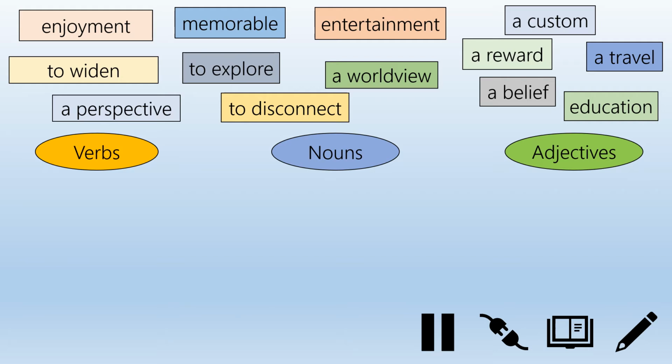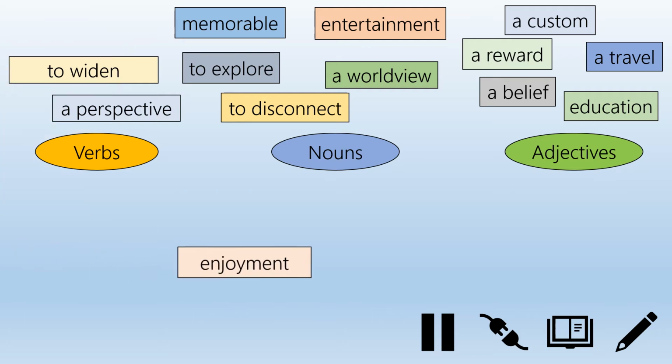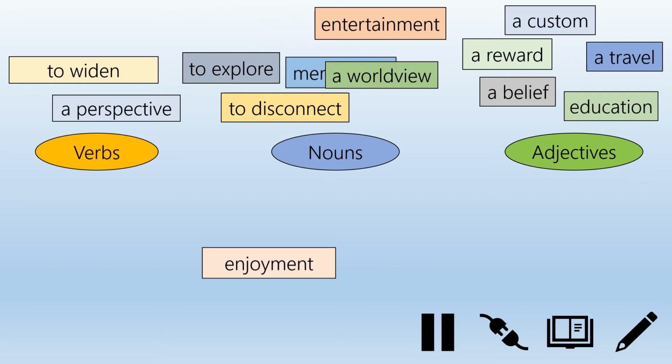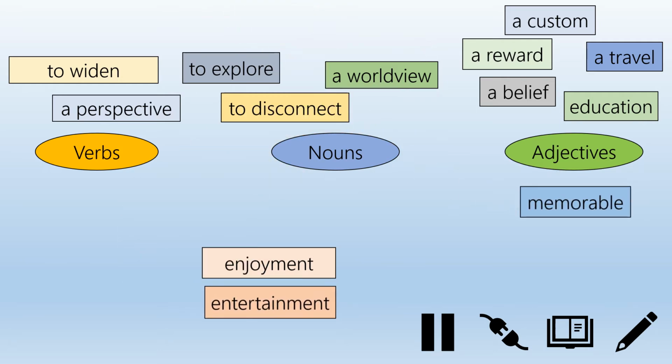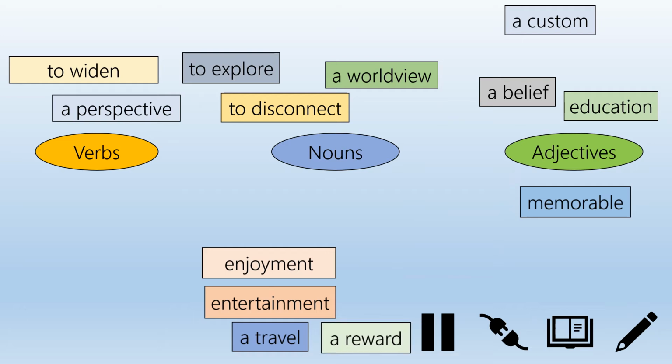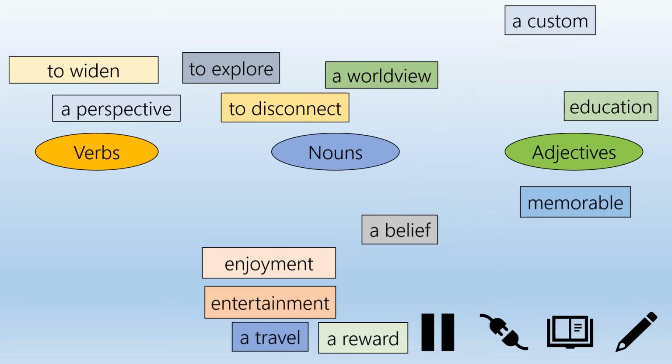Let's check where they belong to. Enjoyment is a noun. Memorable is an adjective. Entertainment is a noun. Travel is another noun. A reward is a noun too. Belief is a noun as well.